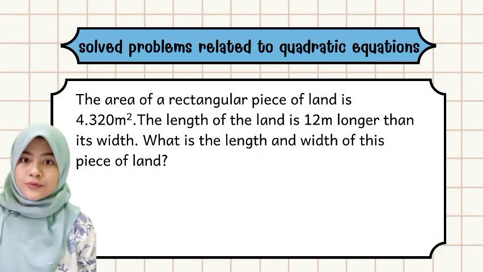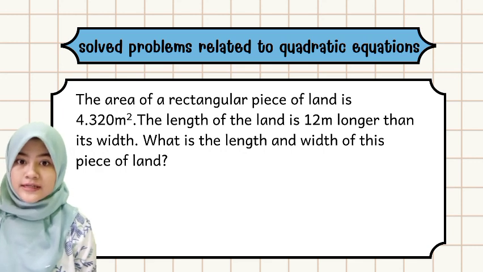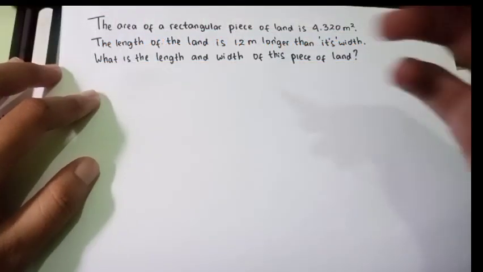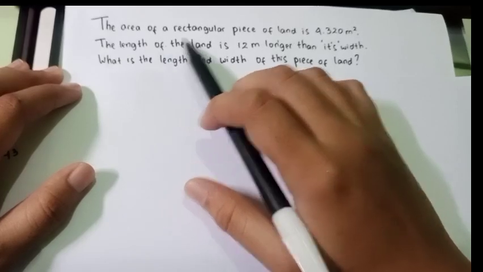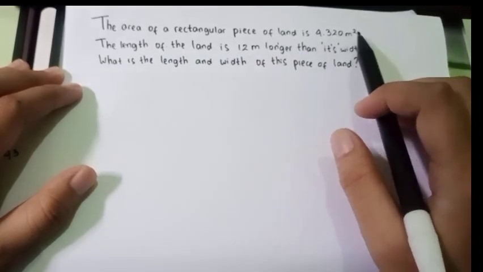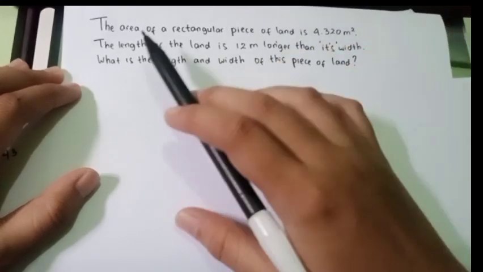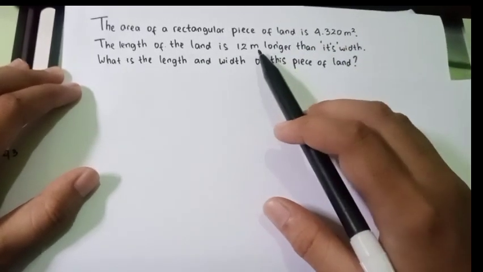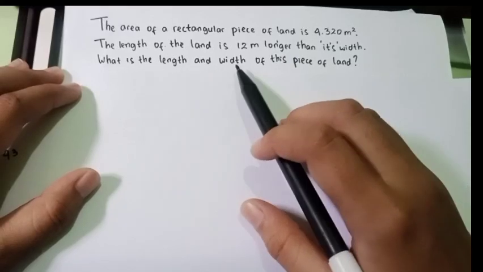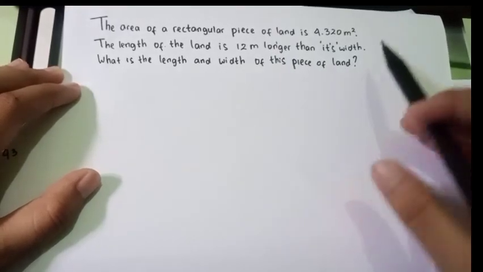Wow! Now we have a story problem on quadratic equations. Let's solve this problem. The area of a rectangular piece of land is 4,320 meters squared. The length of the land is 12 meters longer than its width. What is the length and width of this piece of land?